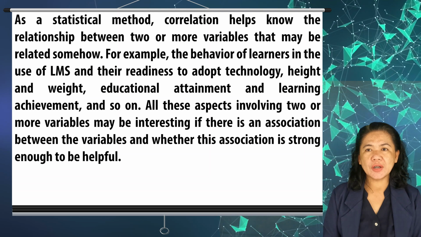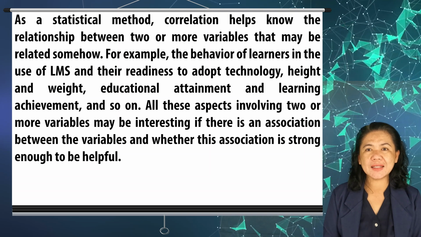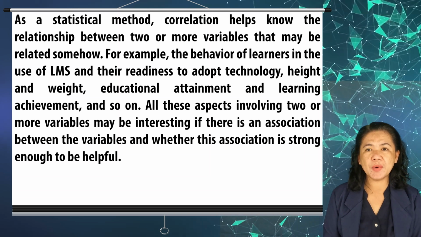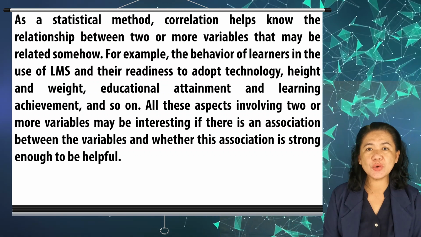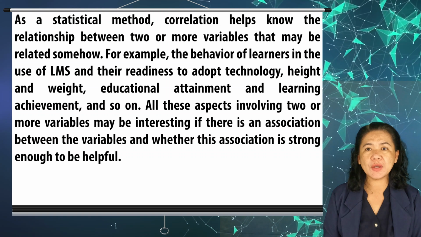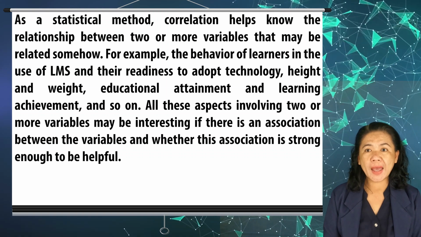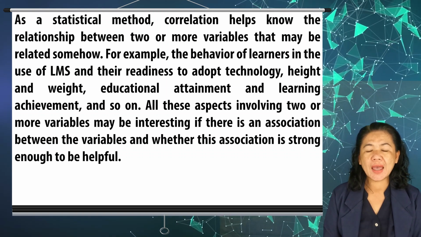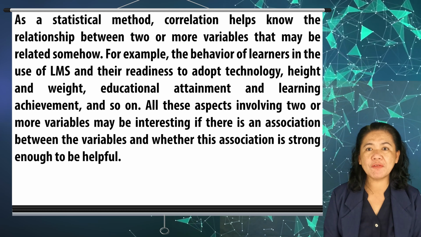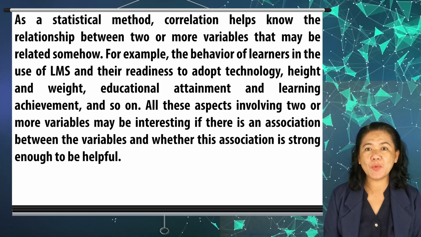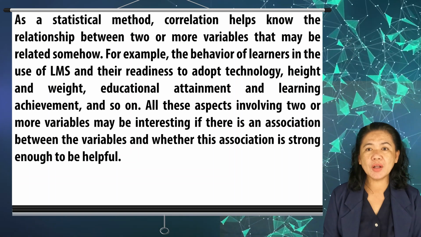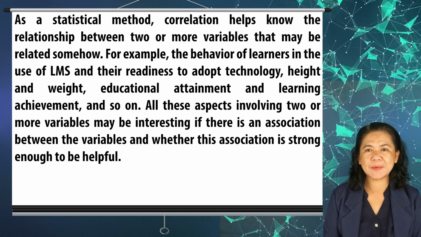As a measure of the degree of relatedness of two variables, correlation is widely used in exploratory research when the objective is to locate variables that might be related in some way to the variable of interest.